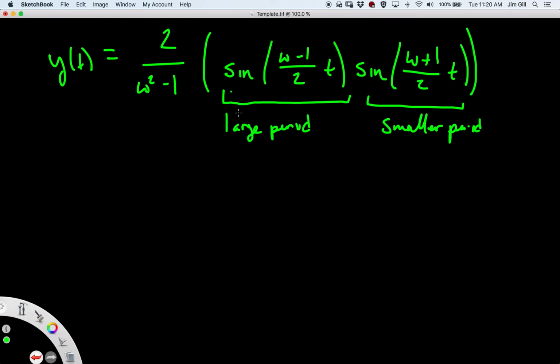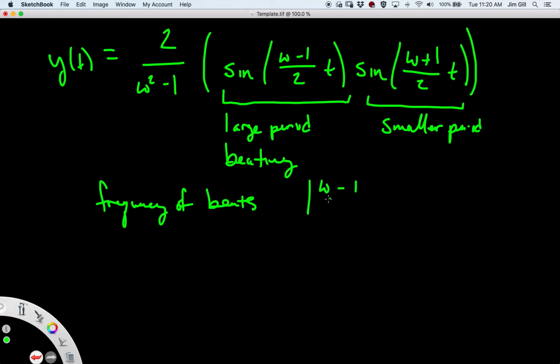Okay, so this is the large period, this is where the beating is happening, and the frequency of the beats is, well, it's going to be related to omega minus 1 over 2, which when we put in 0.9, we get 0.05.